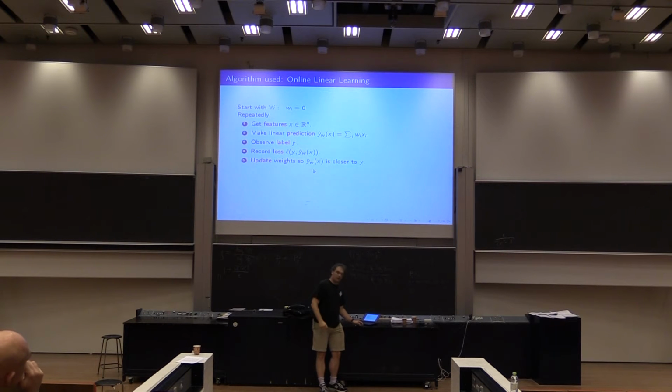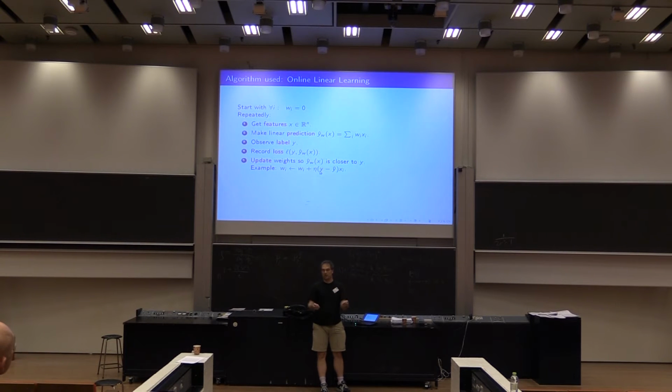Right? And update rules tend to differ quite a bit from one algorithm to another. A very simple update rule is something like this. So you have some learning rate, and you look at y minus y hat times xi to update wi. Okay, so where does that come from?